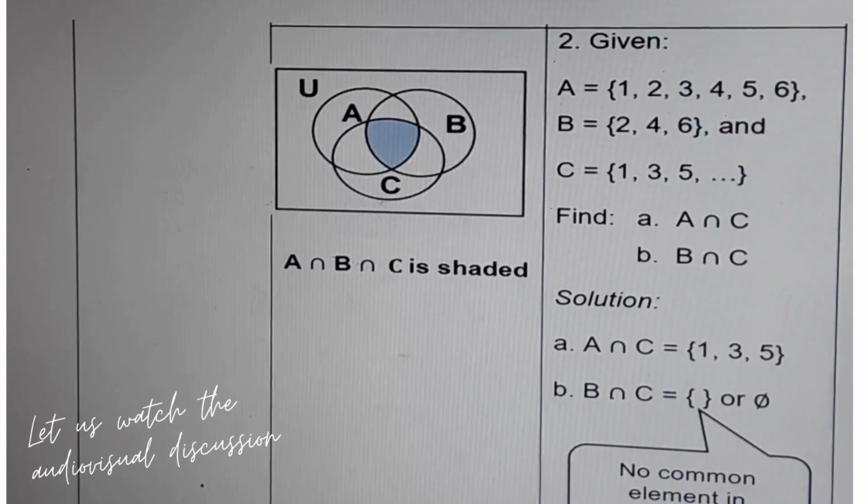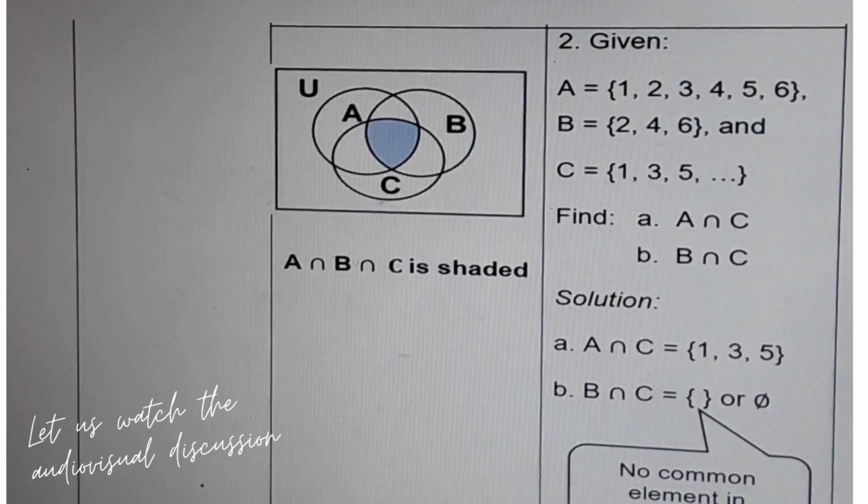Like for example, comparing set A, which is composed of 1, 2, 3, 4, 5, and 6 only, while set B we have 2, 4, 6, and set C, we are considering 1, 3, 5.